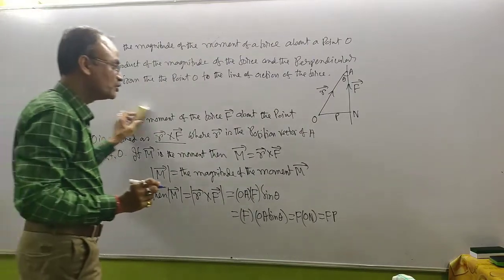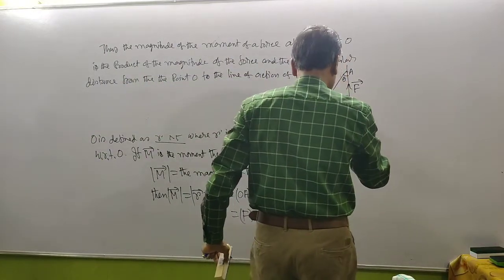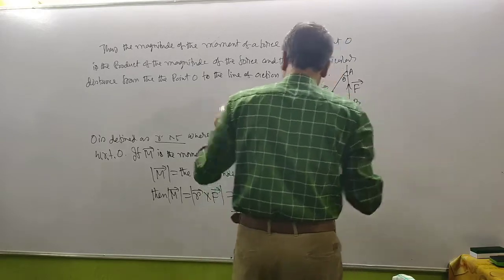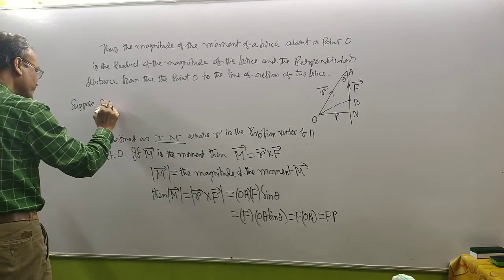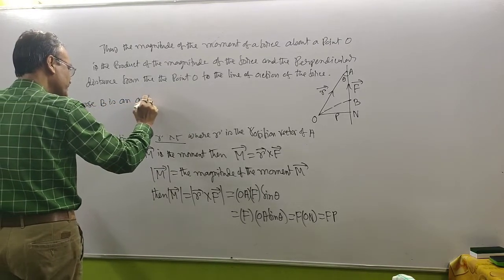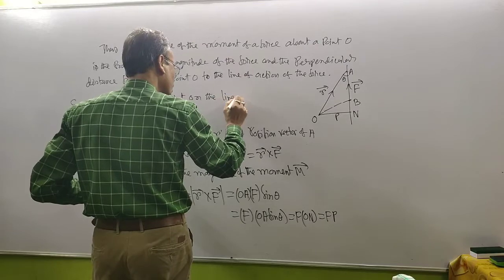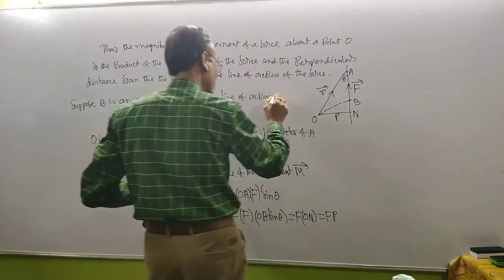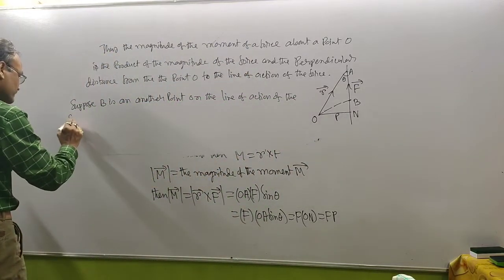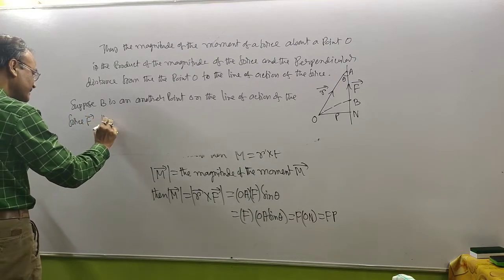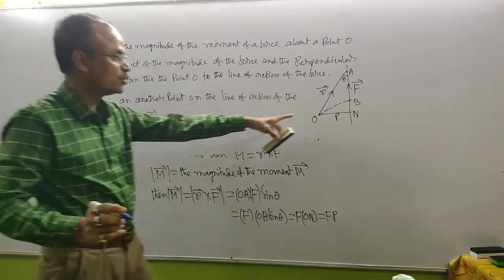Next, suppose B is another point on the line of action of the force F. Then OB vector cross F vector will be equal to, what is OB?